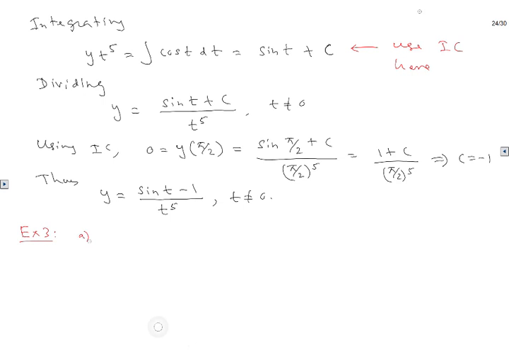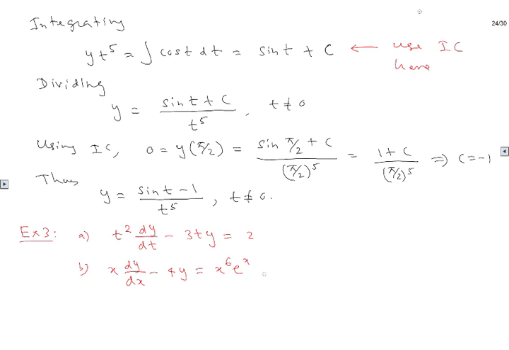The first question is t squared dy over dt minus 3t y equals... The second question is x dy over dx minus 4y equals x to the 6th power e to the x. You can try these two problems as exercise, and you can see the answer in the description.